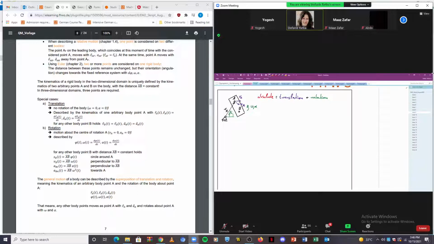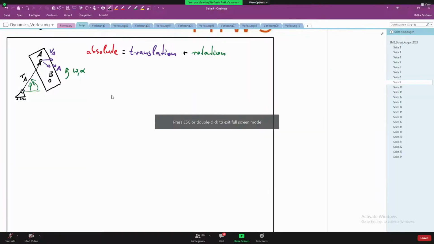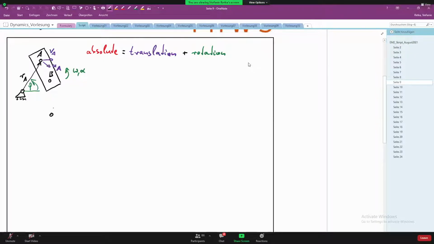Now I will draw these two points, A and B, and how they move through the plane. I will not draw the box around it because our figure becomes too full if I always keep drawing the object itself. So I will draw a stick figure again without the box.